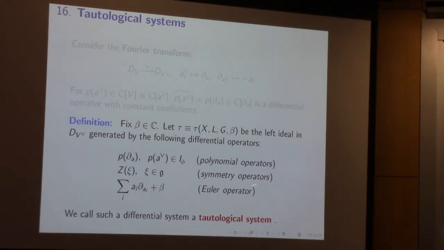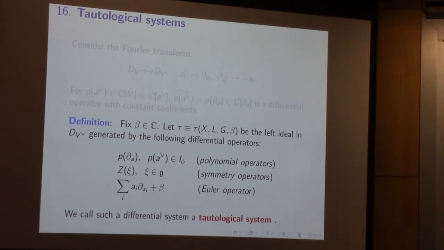And the symmetry operators are given by the group acting on V. And finally, the polynomial operators are given by the Fourier transform of the defining ideal of my tautological embedding. Okay. So I get a left ideal, or equivalently a differential system. I call both of these a tautological system.